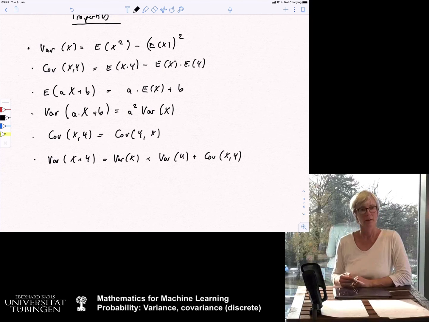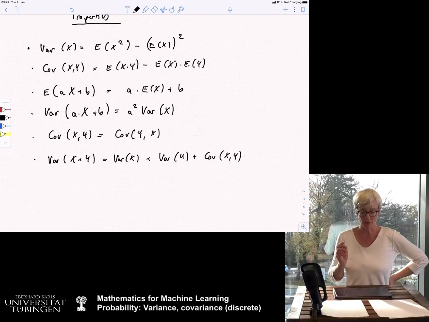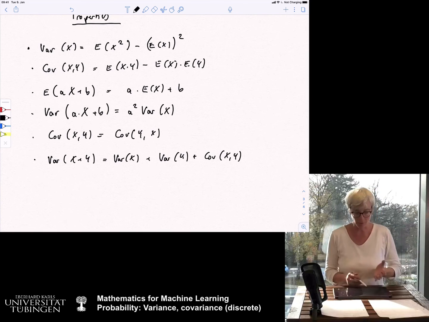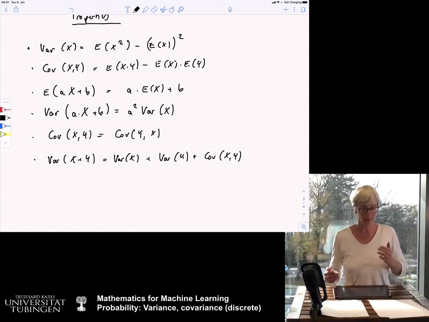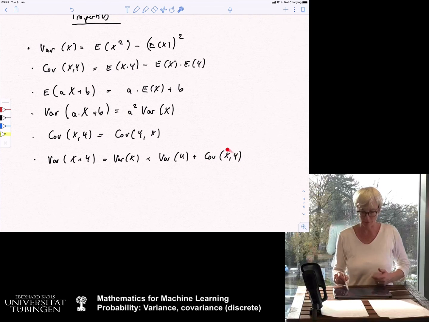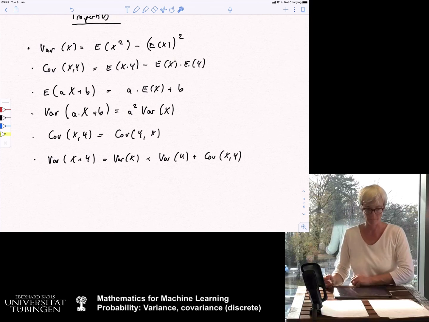Let me start again: if the covariance is 0, then the variance of a sum is the same as the sum of the variances. And this we could also see from this formula, and here we now have an expression that also works for the more general case and tells us what offset term we need to add to take into account that we don't have independence.